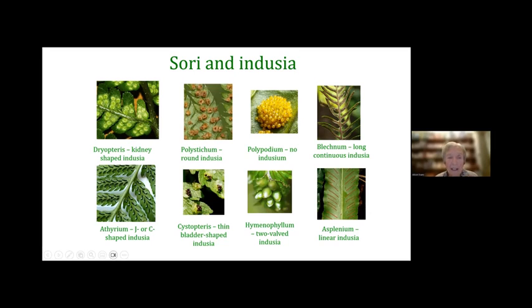It's quite pale and membranous, and it has a fringe on its free end. So the Athyrium indusium, it's a good one to be able to recognise. Just to talk through, Aspleniums always have linear indusia. But I'll let you come back to that if you want to.